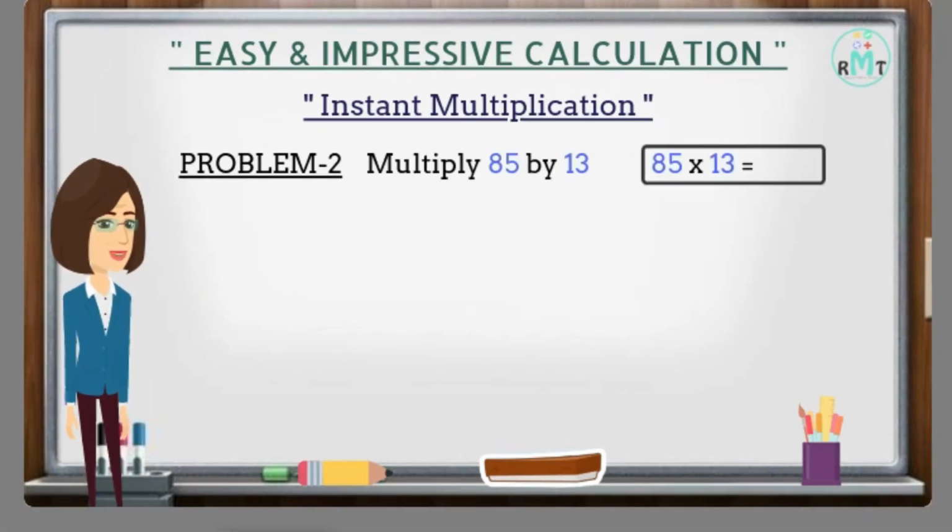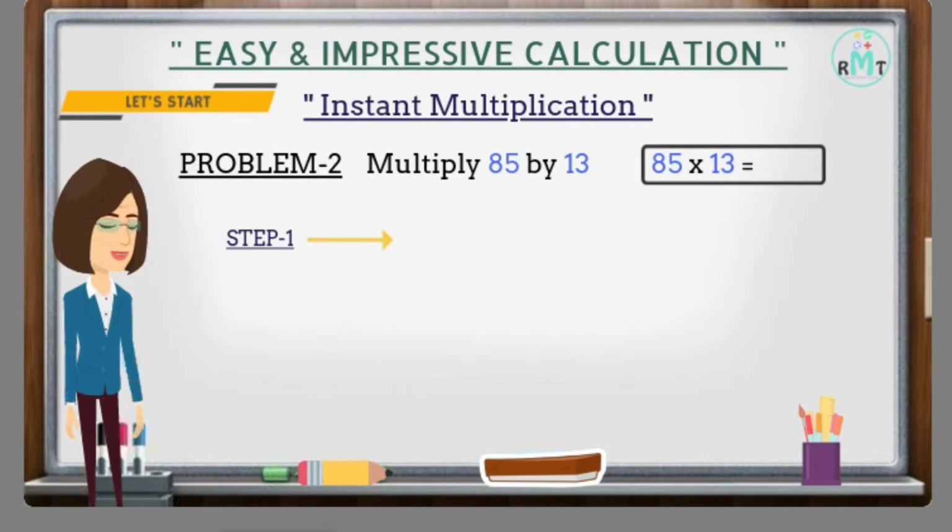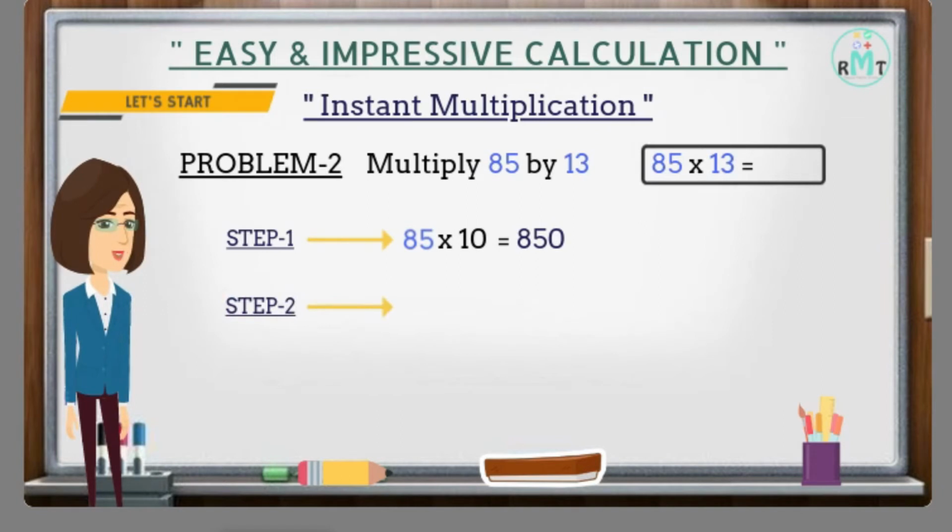Problem 2. Multiply 85 by 13. Let's start. Step 1. Multiply the number 85 by 10. So we get 850 as the answer. Step 2. Next we will multiply the number 85 by 3 and we get 255 as the answer.